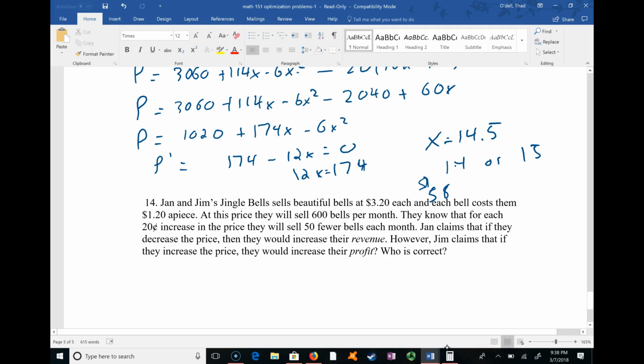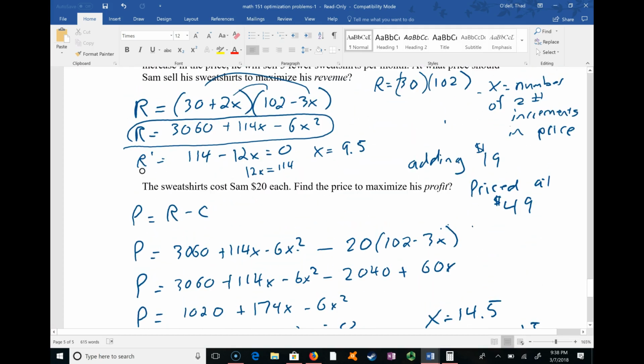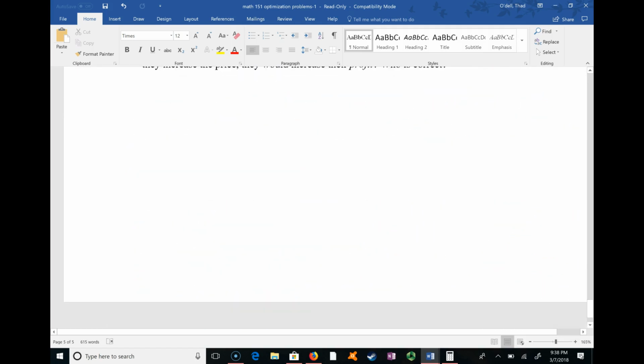Or if I did 15, that'd be 30, so 30 plus 30 would be $60. So the two prices here would be 58 and 60. The two prices without the cost was 48 and 50. Okay.